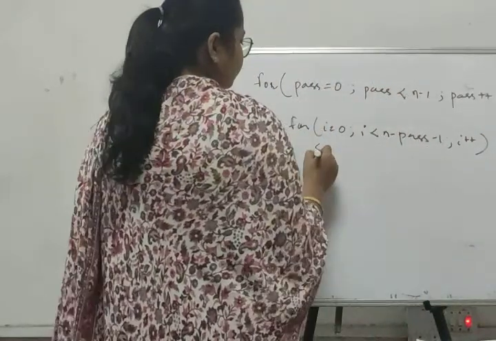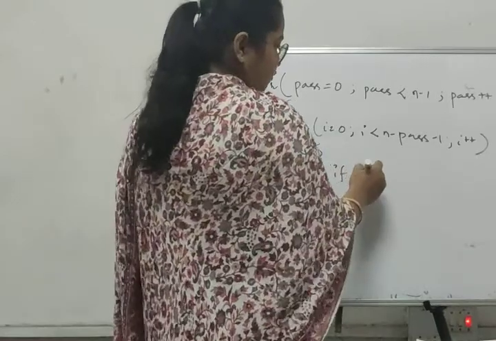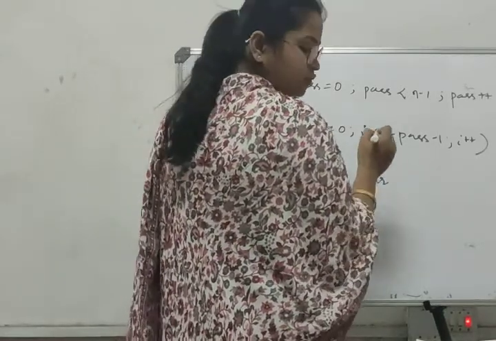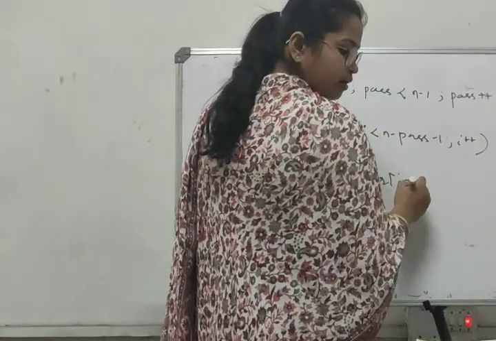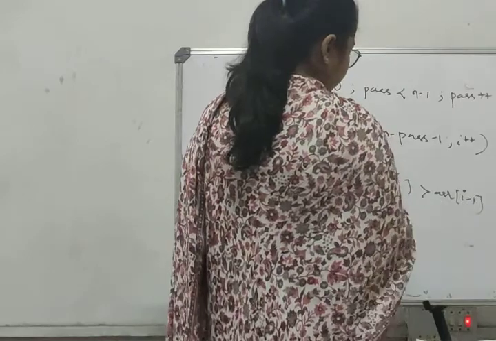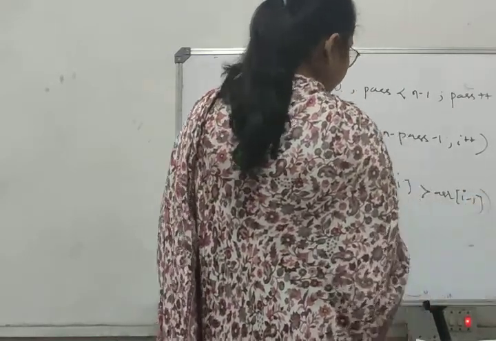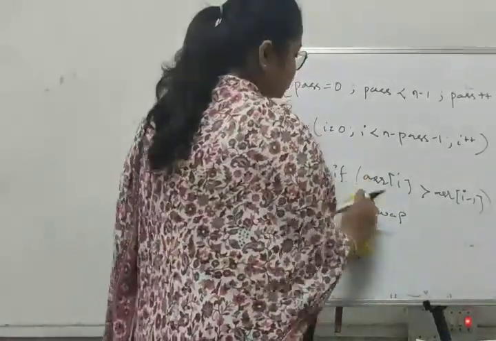Then we have to check if arr, which is the array name, if arr[i] is greater than arr[i minus 1], then what do we have to do? Simply swap. Swap means you know the swap code, right?